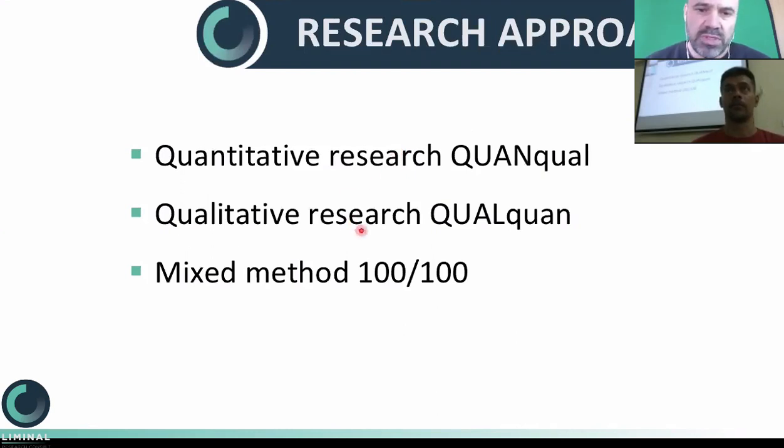What's important here to understand is you can have quantitative research with a little bit of qualitative. Say, for instance, you have a questionnaire and you have comments that you analyze and you look at themes. Then there's a little bit of qualitative just to inform the quant, but it's not a mixed method in this case. The main approach here is quant.